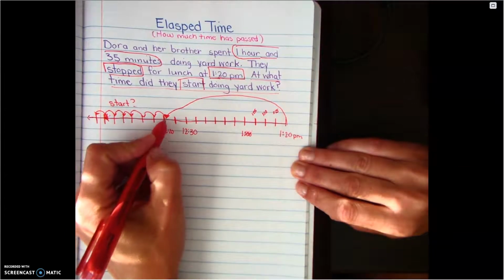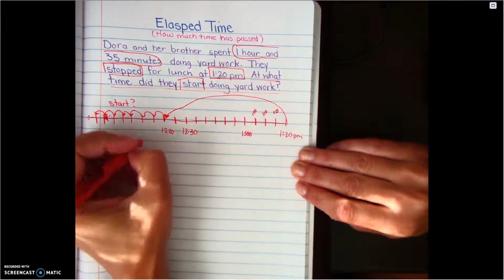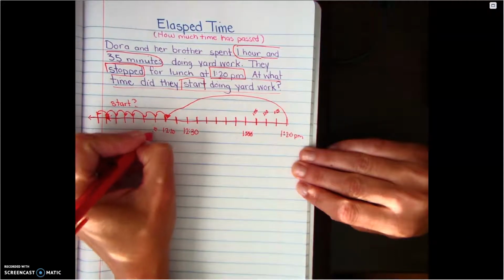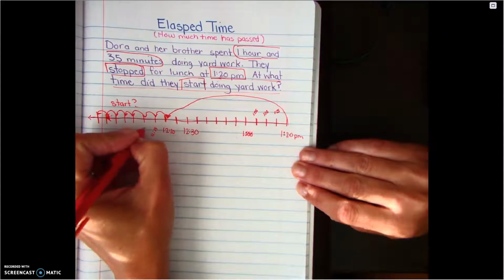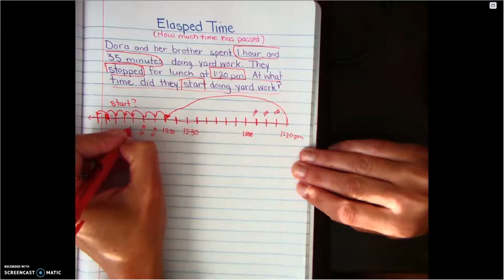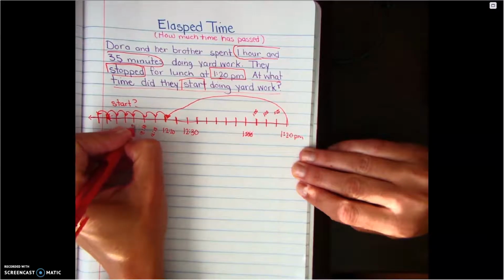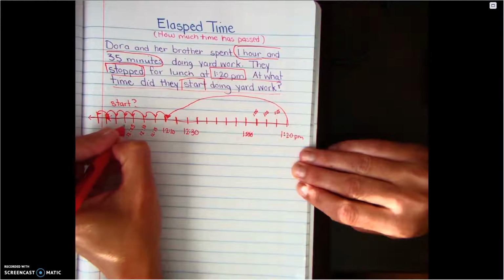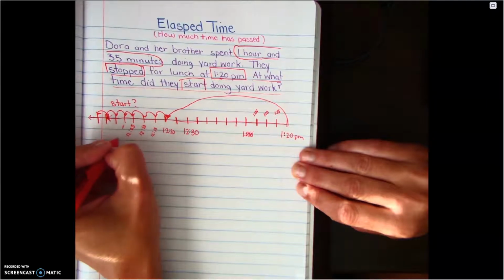So we stopped at an hour that was 12:20. So if we count back by 5s, that would be 12:15, 12:10, 12:05, and then 12.